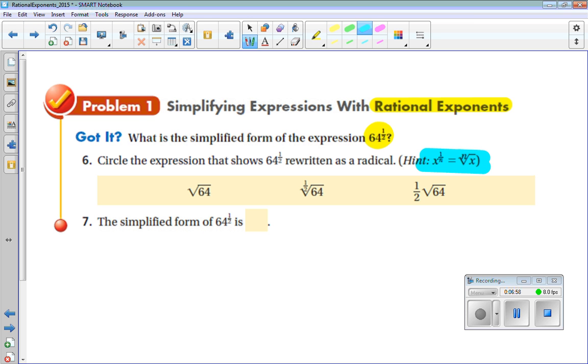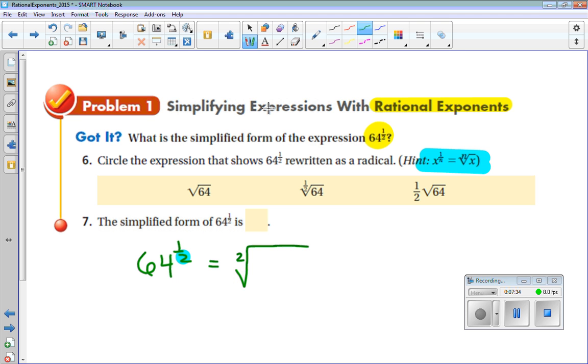Now, this hint that's written here is the hint you need. When you have something raised to 1 over a power, that's the index. So the denominator is going to be the index of what you see. What's the denominator of my exponent? 2, which means we're going to have a square root. So if I have 64 to the 1/2 power, this number right here tells me the index of my radical.